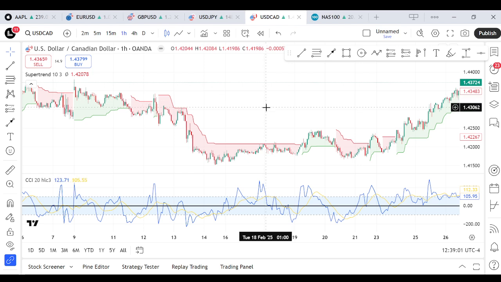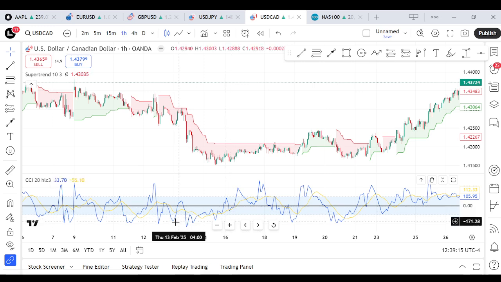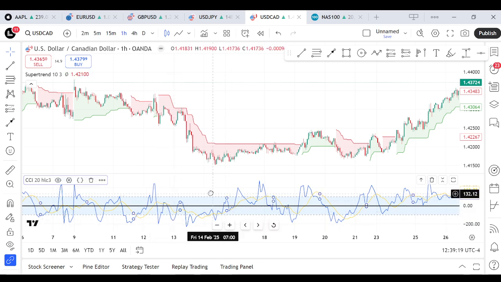So when the CCI crosses above the zero line from below, it suggests increasing bullish momentum. When it crosses below the zero line from above, it suggests building bearish momentum. And these crossovers can provide timely entry signals when aligned with the overall trend identified by the Supertrend.